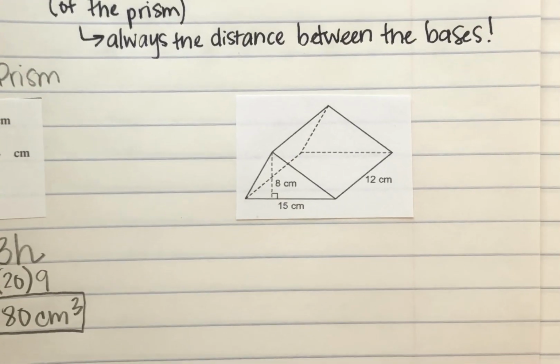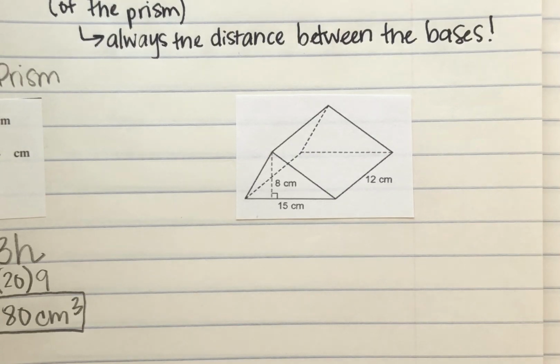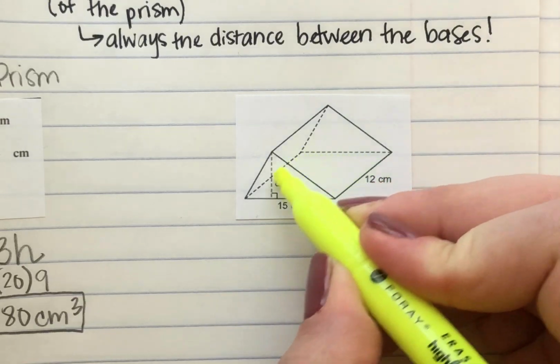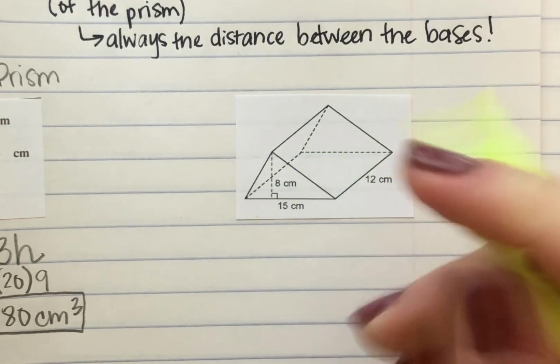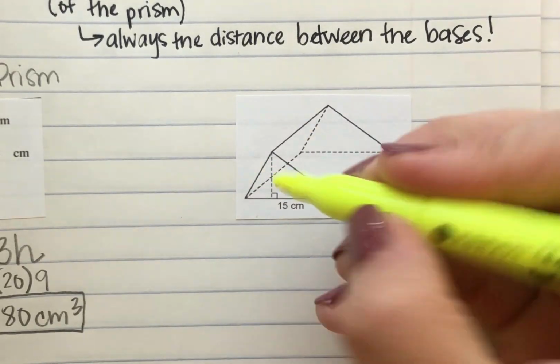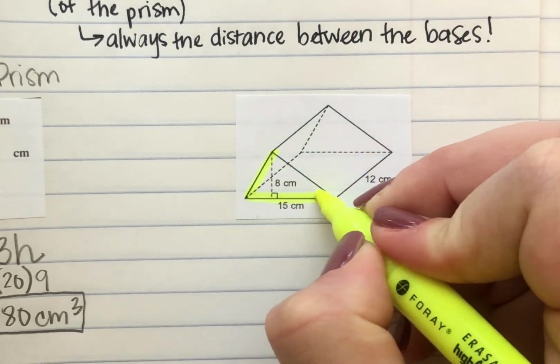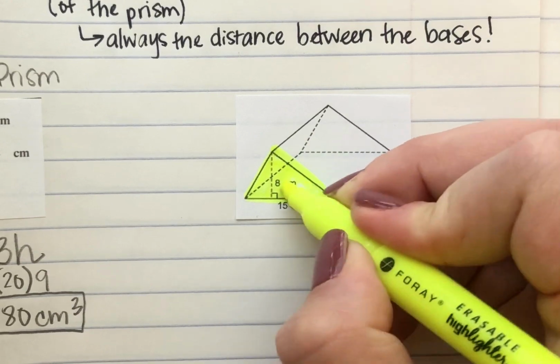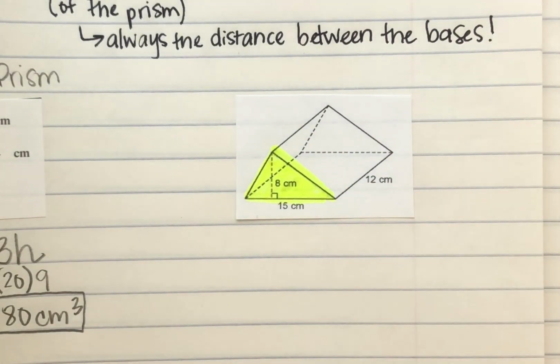All right, so the very first thing, let's go ahead and name this figure. It does have a triangular base. Notice this rectangle, it is lying on that rectangle. That is not the base because there's not another one parallel to it. The base of this figure is the triangle.